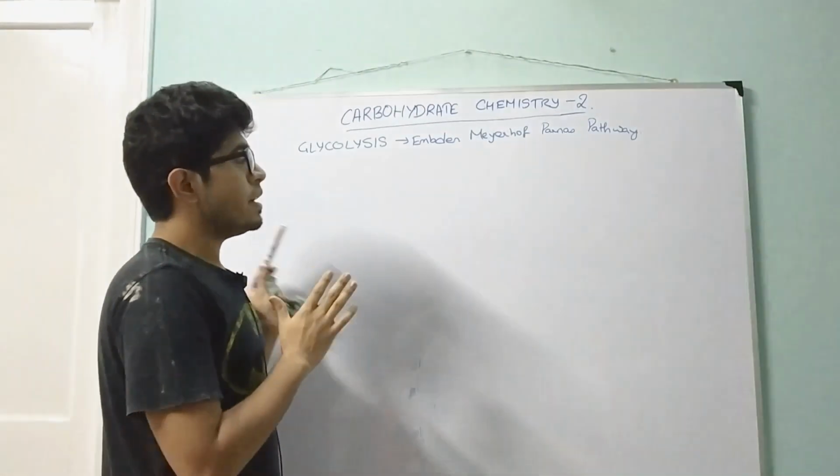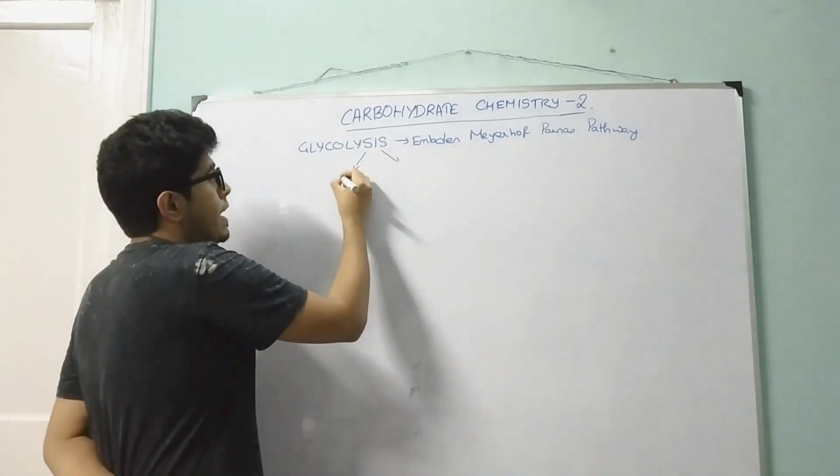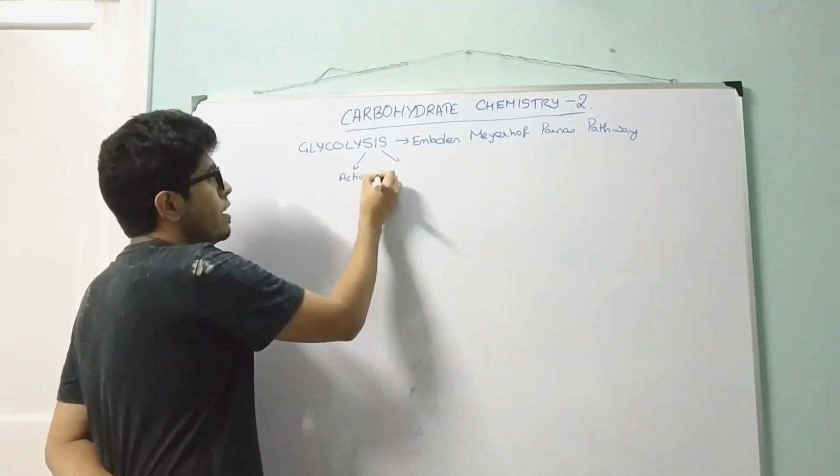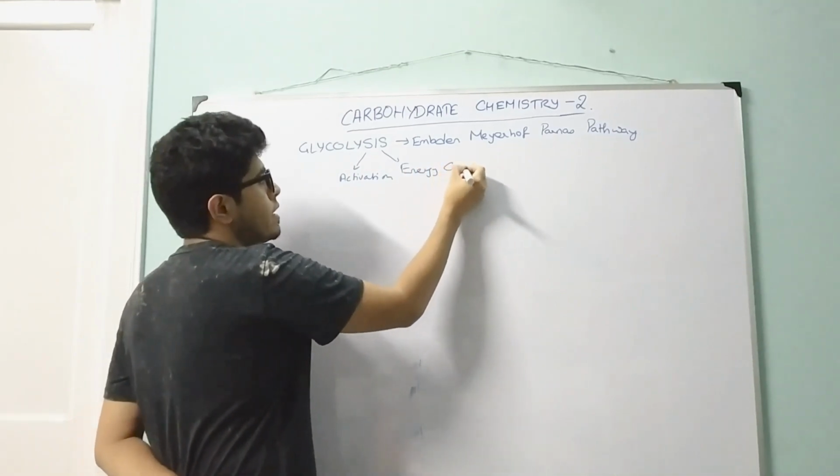The entire glycolysis process can be divided into two parts: an activation pathway, and an energy generating pathway.